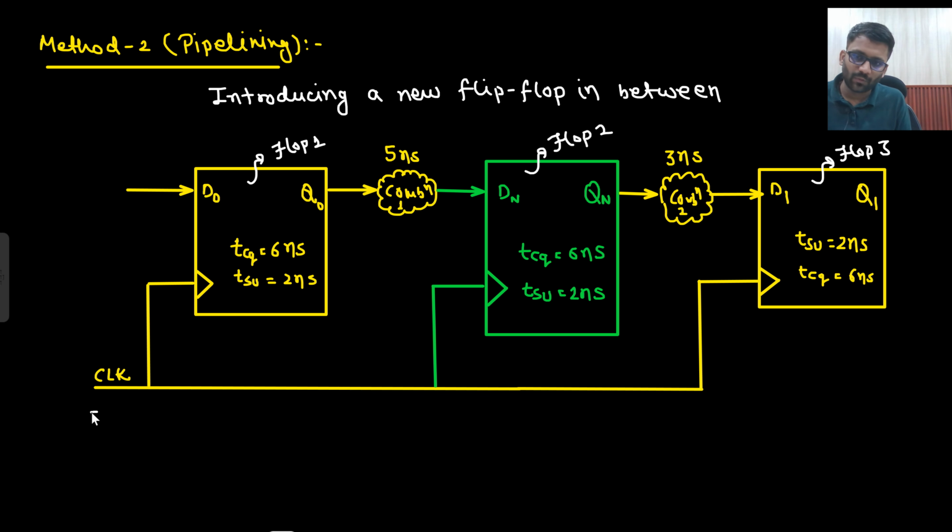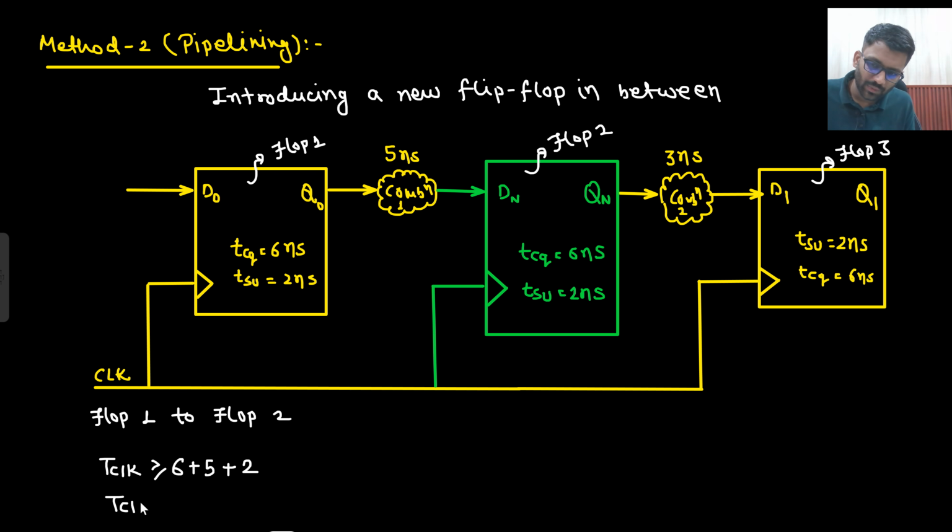If I go from flop 1 to flop 2, T clock should be greater than clock to Q of 6 nanoseconds plus 5 nanoseconds plus setup time of this. So T clock should be greater than 13 nanoseconds.